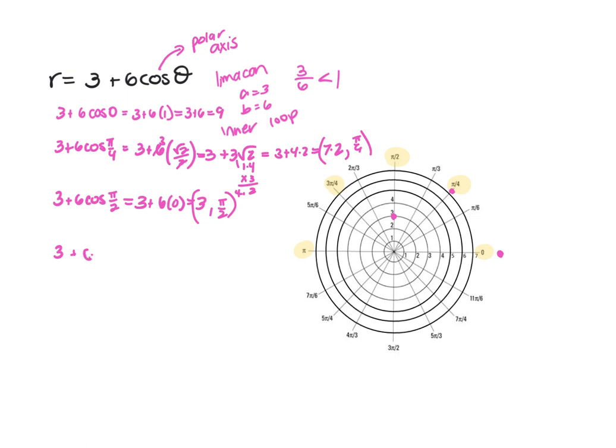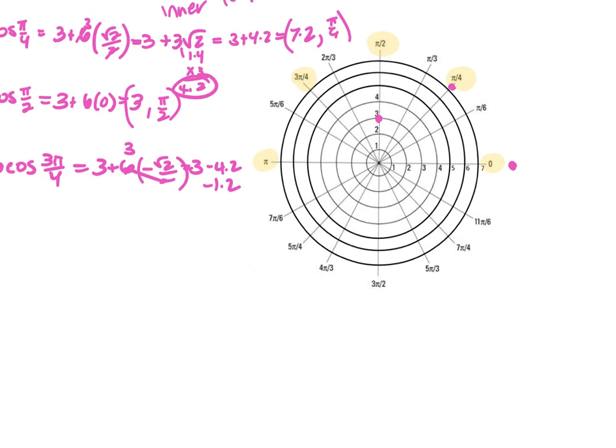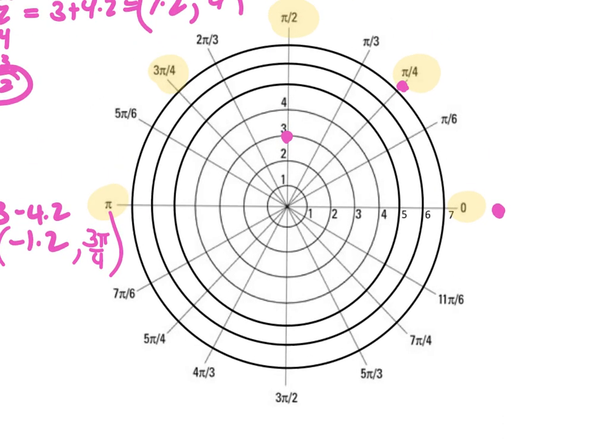3 plus 6 cosine 3 pi over 4. 3 plus 6 times a negative root 2 over 2. So 3 minus 3 times root 2, and we already did 3 times root 2 is 4.2. So 3 minus 4.2 is negative 1.2. So at 3 pi over 4, I'm going the opposite direction, negative 1.2.